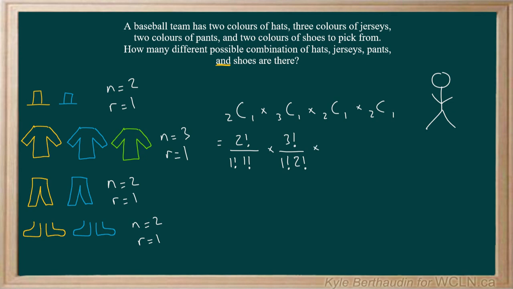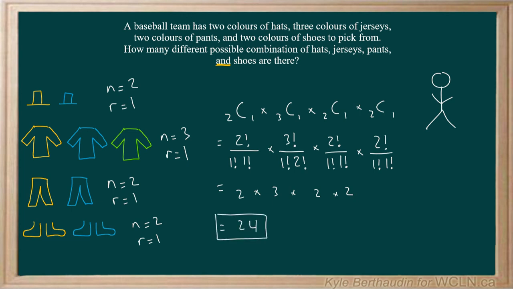And then these last 2 here are the same as our first one, so 2 factorial over 1 factorial over 1 factorial. And again, 2 factorial over 1 factorial over 1 factorial. Now, this simplifies to essentially just being 2 times 3 times 2 times 2, which ends up giving us 24 different combinations for our 4 options.